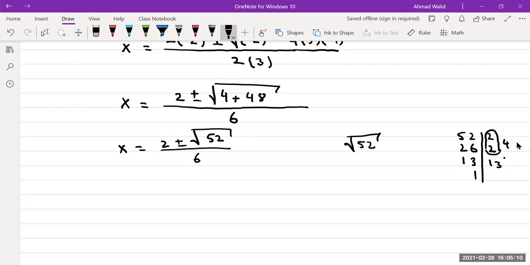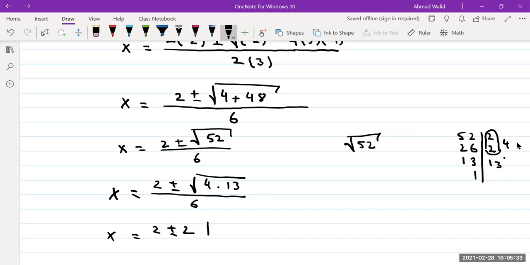What I do, here I will write x equals 2 plus minus square root of 4 times 13 over 6. Or you can write x equals 2 plus minus square root of 4 is 2 it goes outside, and 13 stays inside the radical over 6.